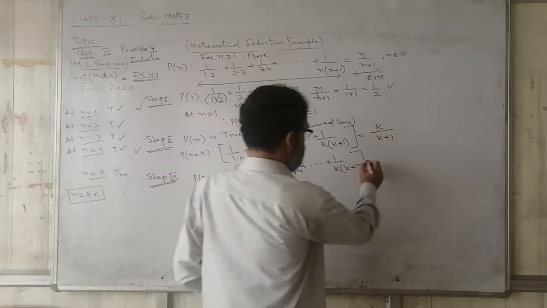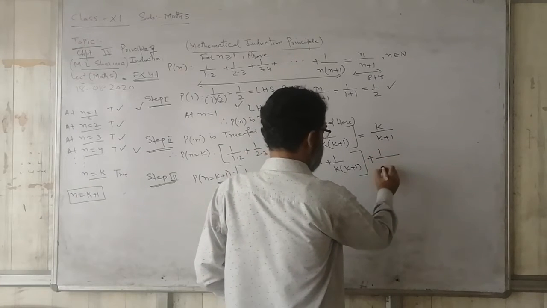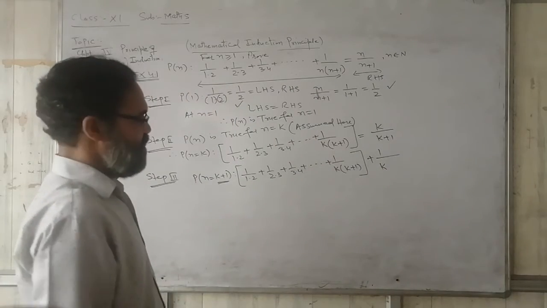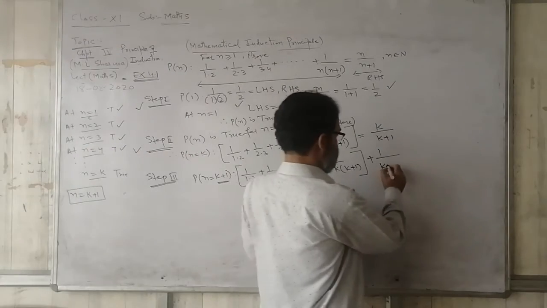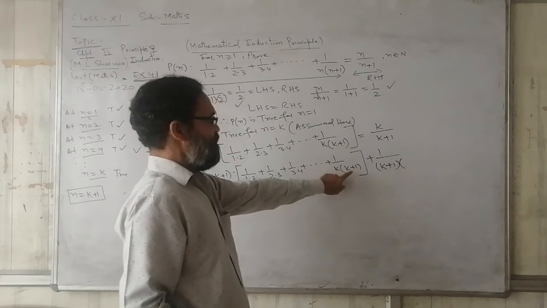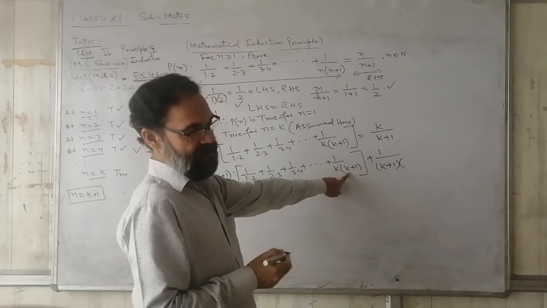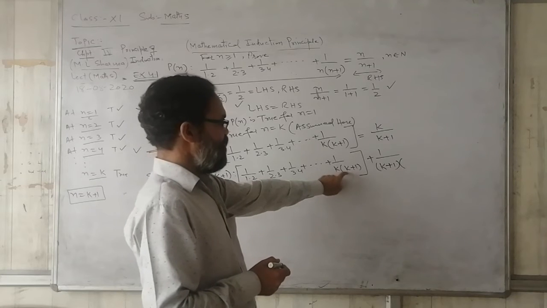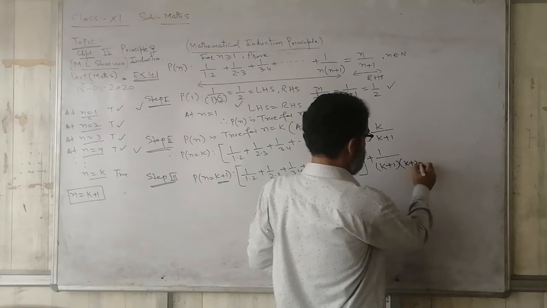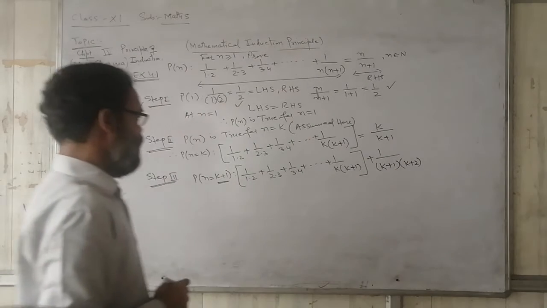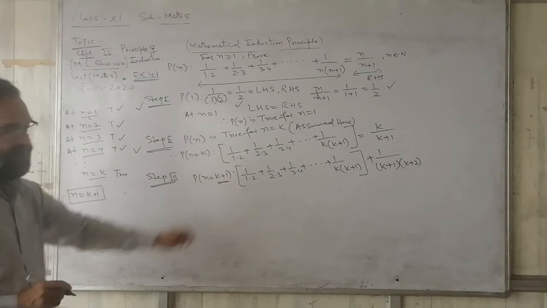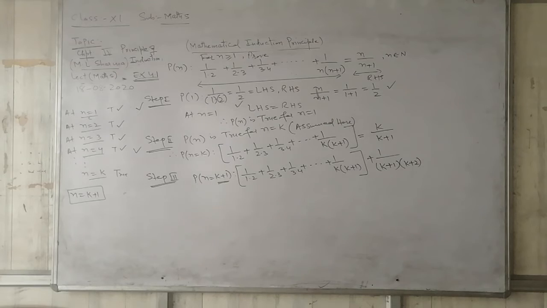So my k plus 1 term will be, instead of k, the next term will be k plus 1. And at this k plus 1, the next term will be k plus 1 plus 1, it will be k plus 2. So I have written the statement up to the term k plus 1.